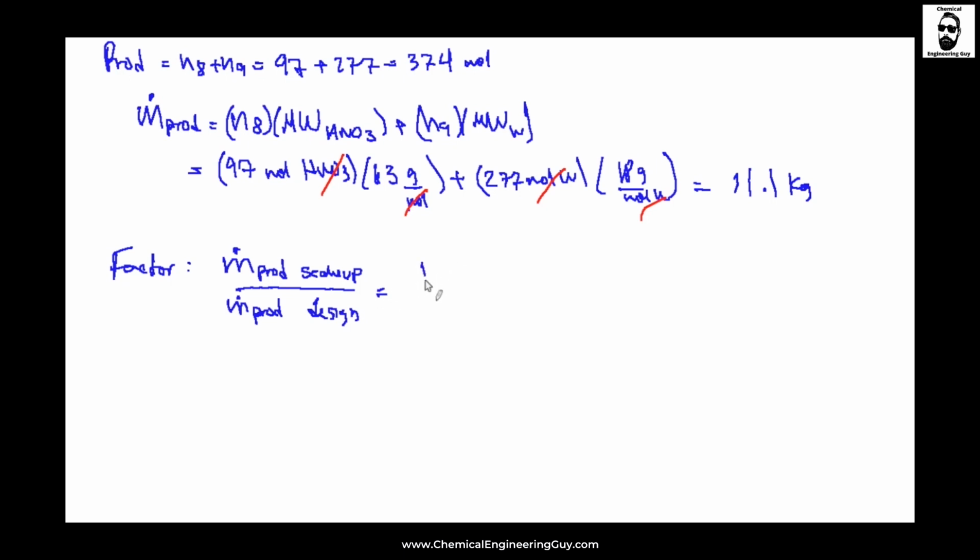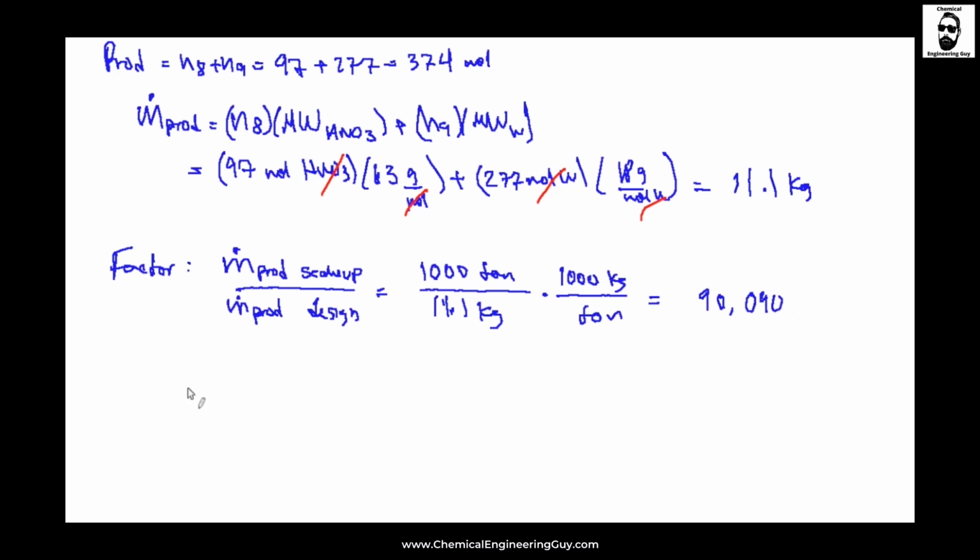So they want 1000 tons of that, and I will have 1.1 kilograms. So let me change this kilograms to tons, and we will be able to calculate the factor, which is 0.90. That will be our factor.